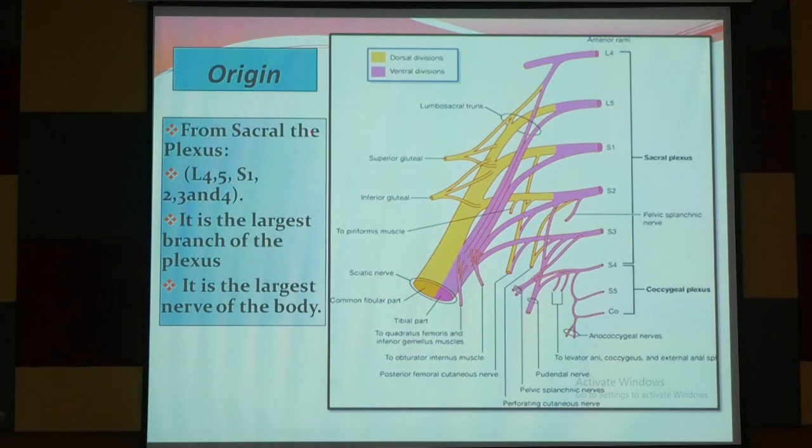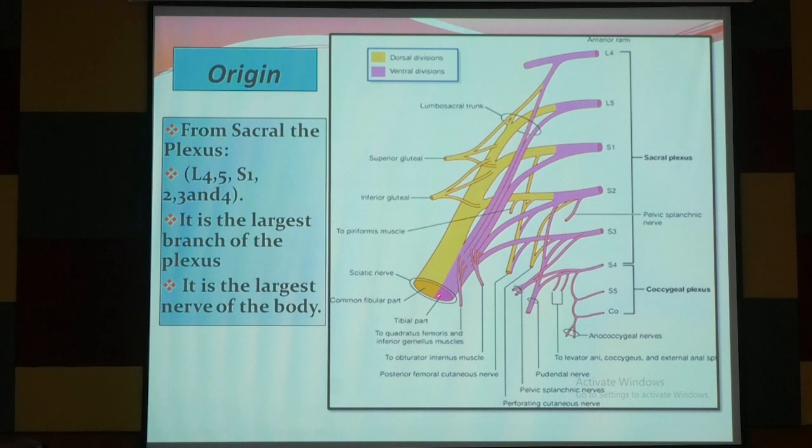Now, from the sacral plexus, L4, L5, S1, S2, S3 and S4, it is the largest branch of the plexus. It is the largest nerve of the body.